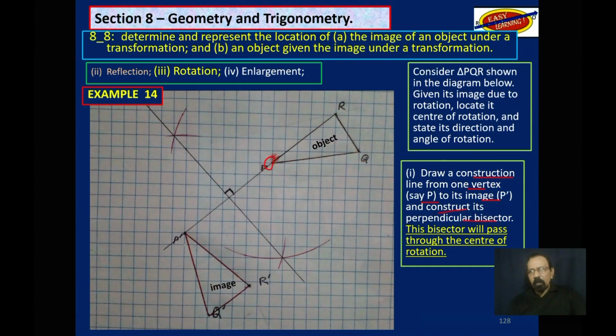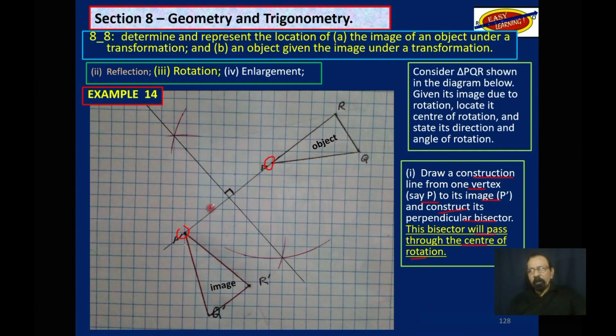So from P to P prime, you draw a line there, that will be considered as the chord of a circle that we are not seeing. You bisect that chord. This line here will pass through the center of that circle, that this line here is a chord. So the bisector will pass through the center of rotation.